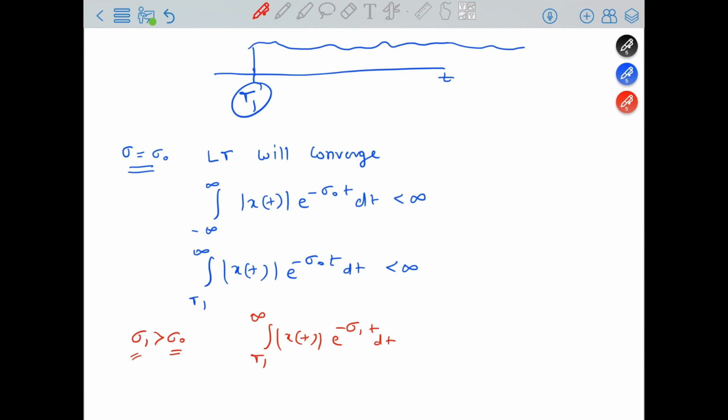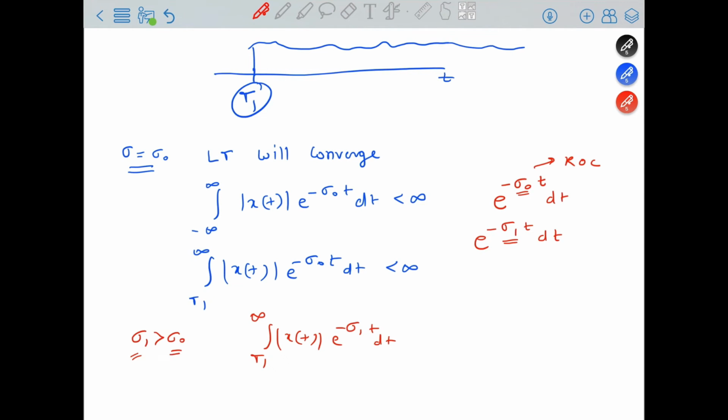If it is less than infinite, then we can say that this value is also in the ROC. So just see the form e raised to the power minus sigma naught t dt. This is having value sigma naught and this is in ROC. Now we are saying that we are taking a value which is greater than this sigma naught, that is sigma 1 t into dt. This sigma 1 is greater than sigma naught.